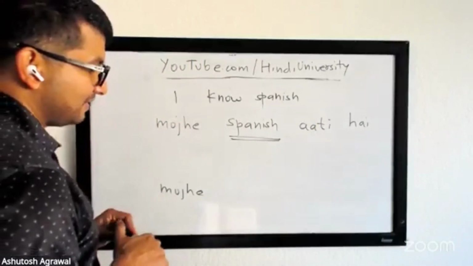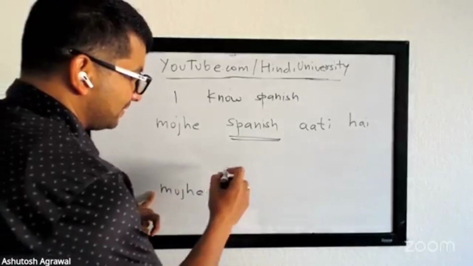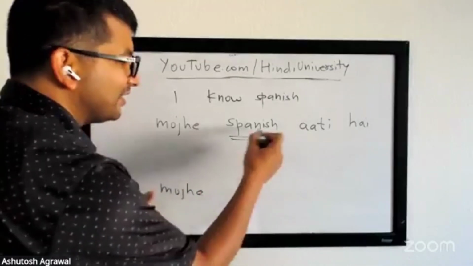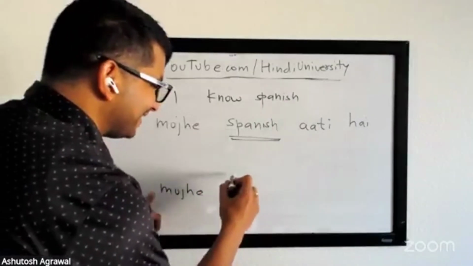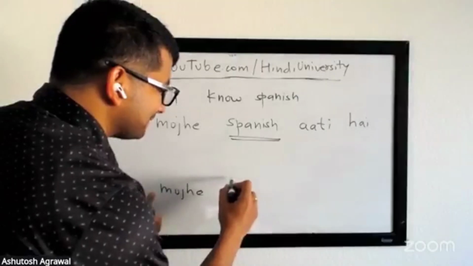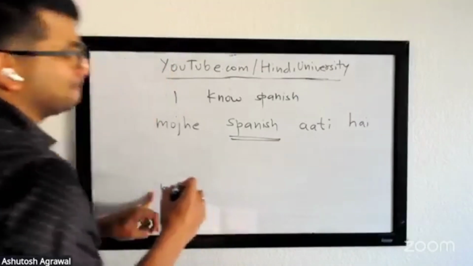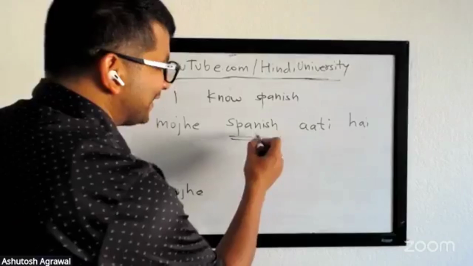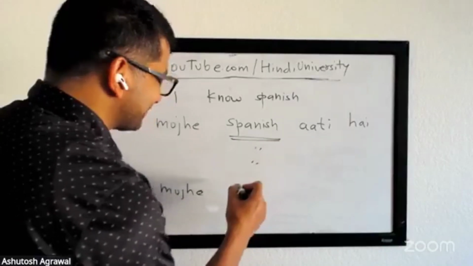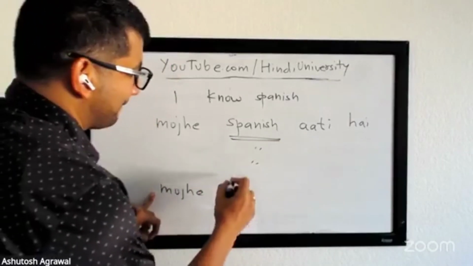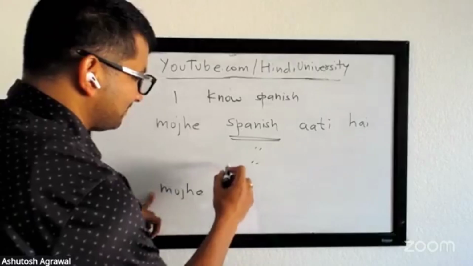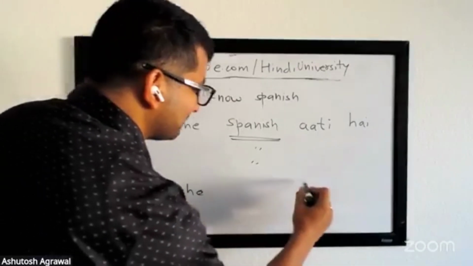Mujhe, what do you want me to say? Many languages? Name of languages. Mujhe, many languages, ate hai.